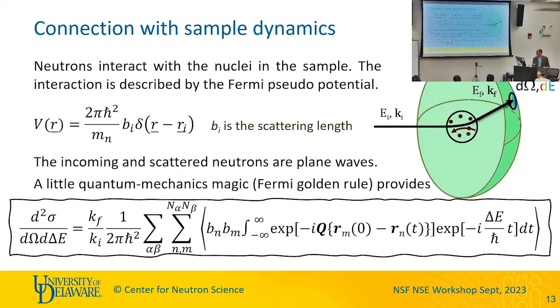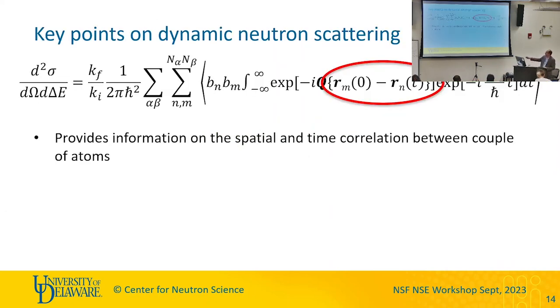That's the only thing you want to know. So the double differential scattering cross-section provides information on the spatial time correlation between a couple of atoms, 2 atoms at 2 different times, not 3, not 4, just 2. That's what you can get.